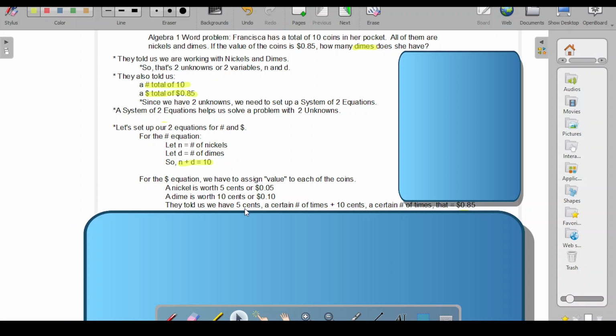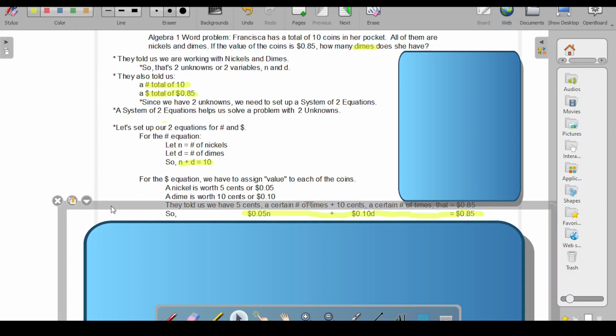We have a certain number of nickels and a certain number of dimes that equal 85 cents. So our equation is 5 cents, there's our 5 cents, a certain number of times.